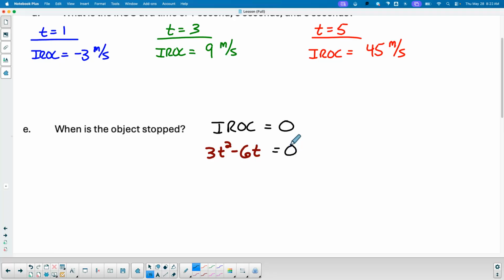How am I going to solve that for t? I have to factor out a 3t. I can't just move it and divide because I lose a factor when I do that. So I can only factor. You can't divide by a variable.